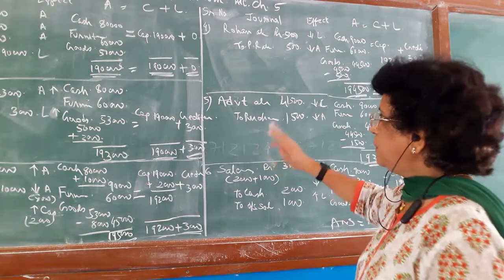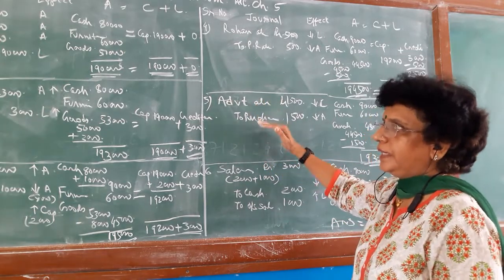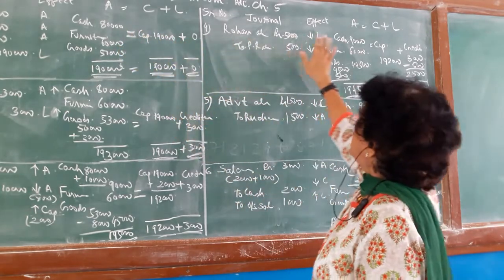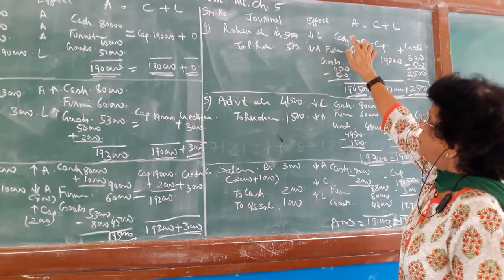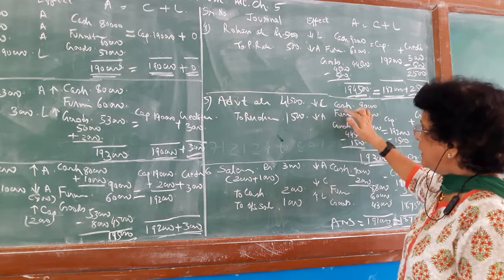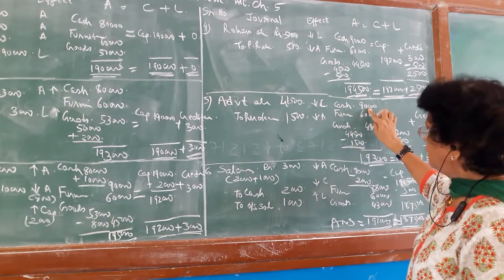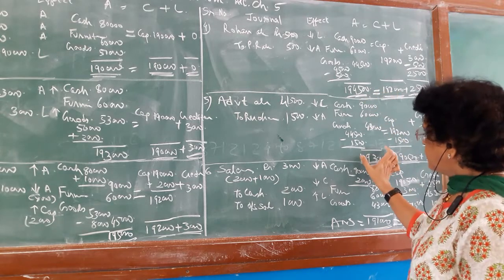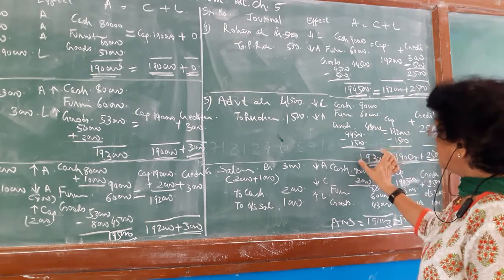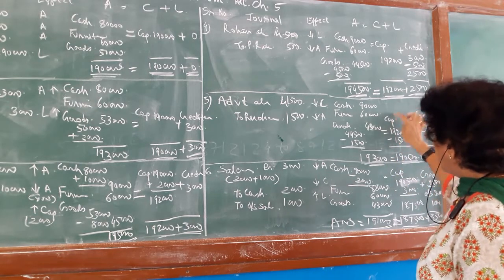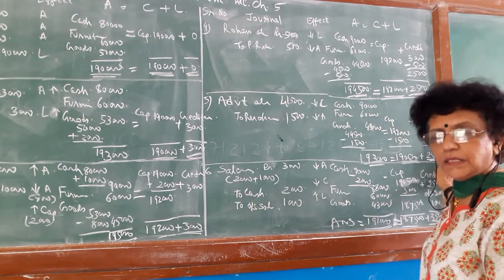Now in this type of example, what you have to take care of is that every time, whatever is our previous figure, that is to be taken and then the addition and subtraction to be done. So you will be getting a new figure. Keep on doing the total of that. The total of the asset side must be equal to the total of capital plus liability side.